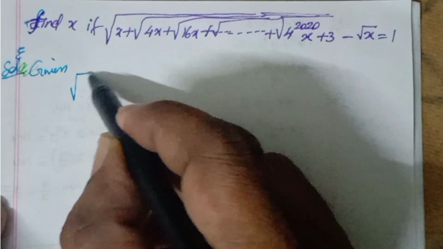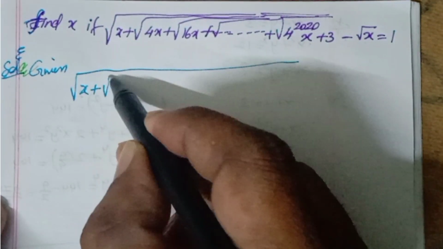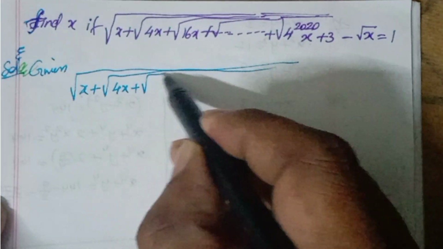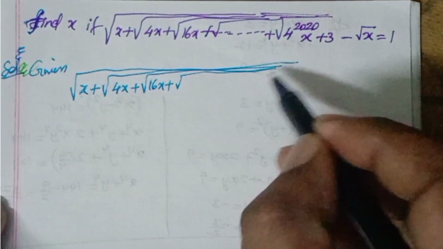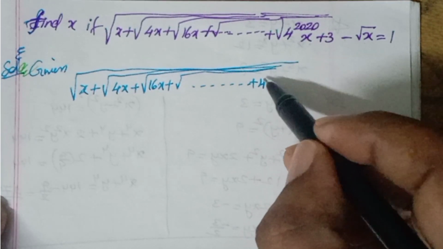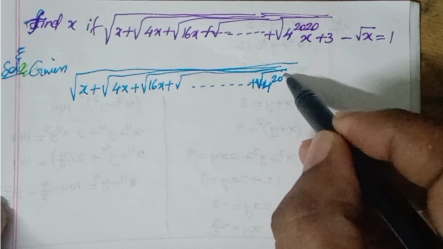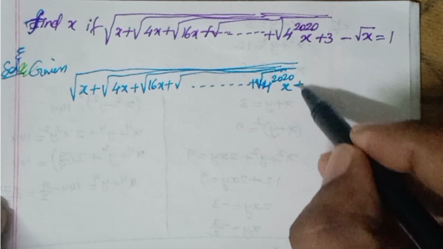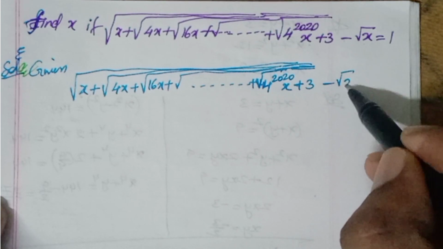So square root of x plus square root of 4x plus square root of 16x plus so on plus square root of 4 to the power of 2020 x plus 3, these are all under root, minus root x is equal to 1.